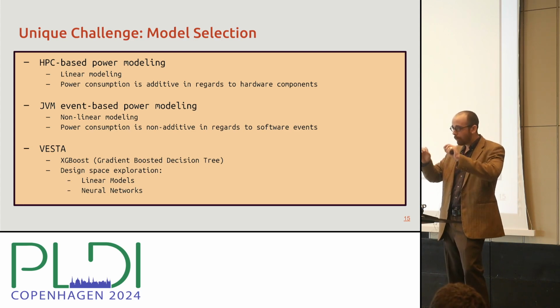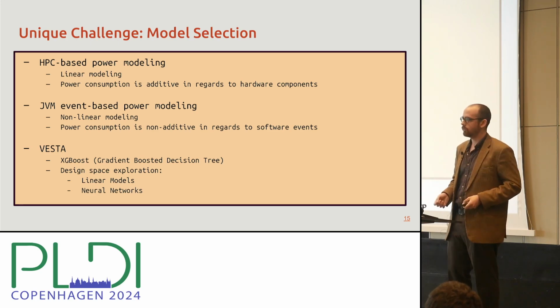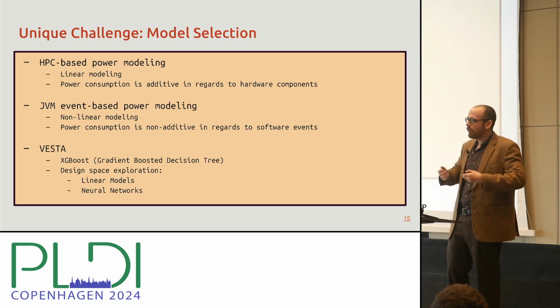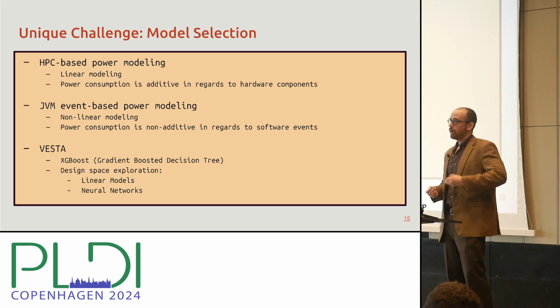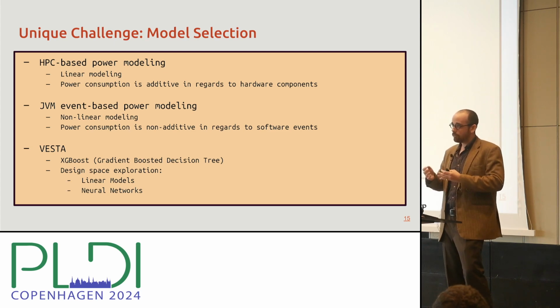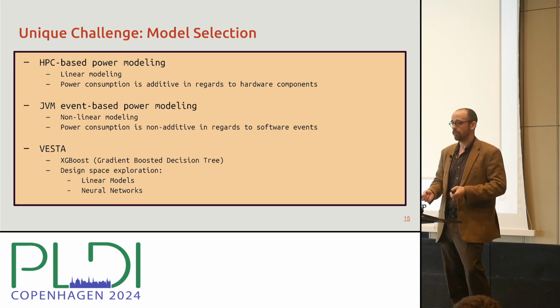All these different components that when added together give you the total power consumption of that device, right? It's not quite the same. We didn't find that to be the case with our runtime events. These JVM events didn't have that kind of nice additive behavior associated with them. They're very nonlinear in the way that they were structured.